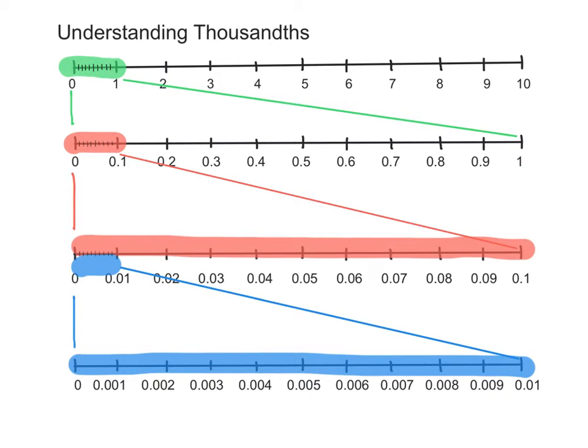Now if I wanted to write hundredths, well, I would have had to put 100 little lines in here. Or once I started counting by tenths, if every one of these had 10, so 10/10, 20/10, 30/10, 40/10, eventually I get to 100 this way.